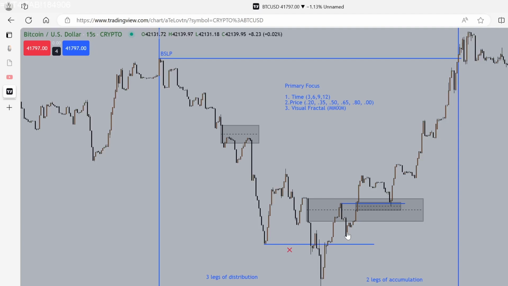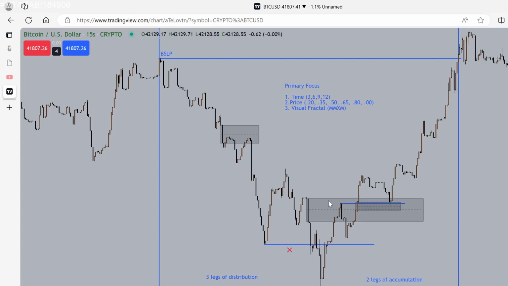This low here, 42,135. So you guys are seeing the pricing element coming in here. Within the fractal as a whole, the highs and lows are going to be made at these price levels.